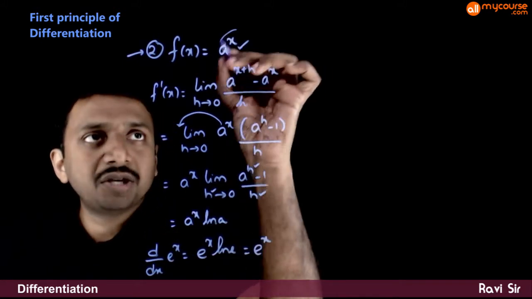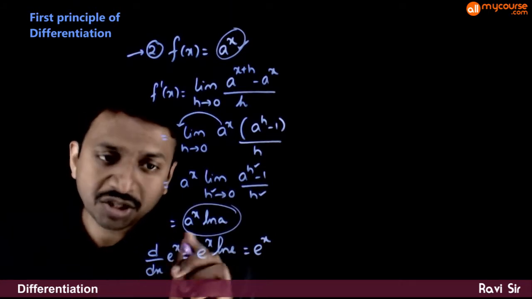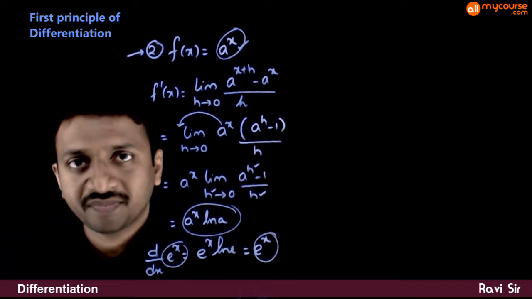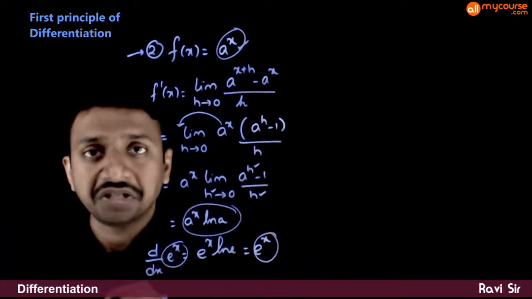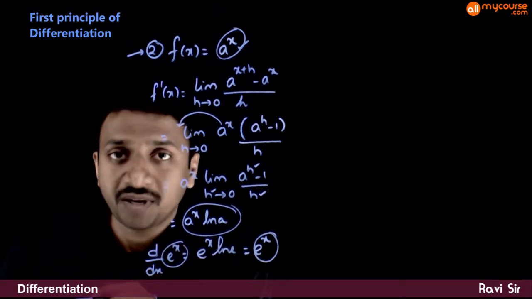So the differentiation of a^x is a^x ln a, and the differentiation of e^x is exactly e^x. This is how we differentiate exponential functions using first principle.